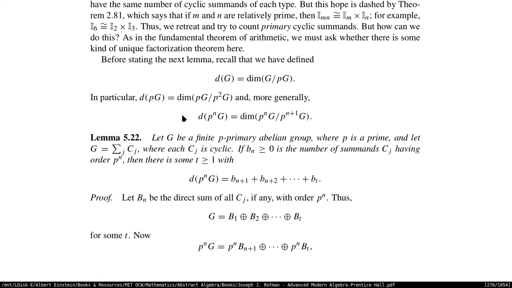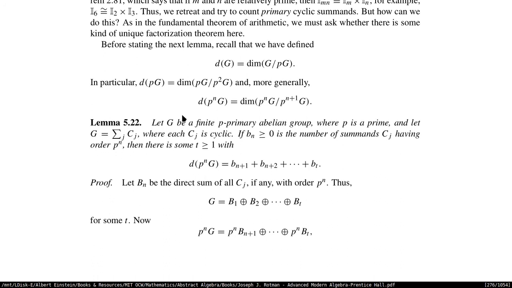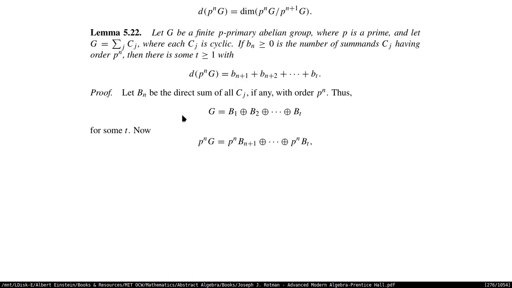Okay. So lemma 5.22, which says that G be a finite P primary abelian group where P is prime and G is the summation of these cyclic groups.